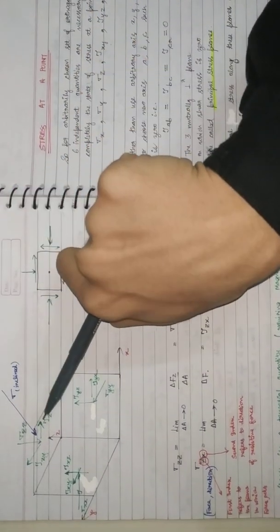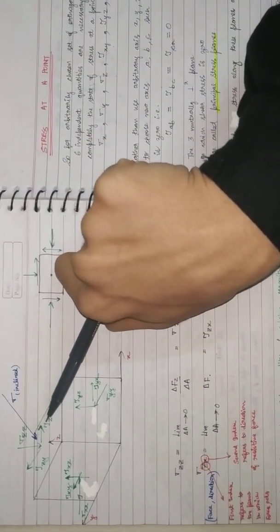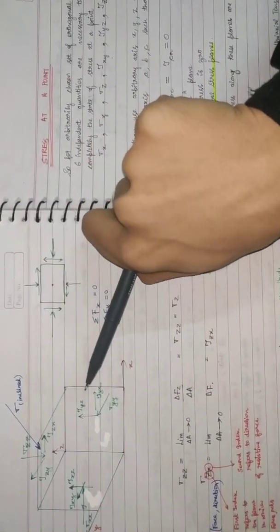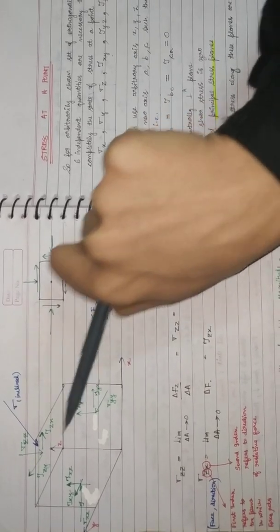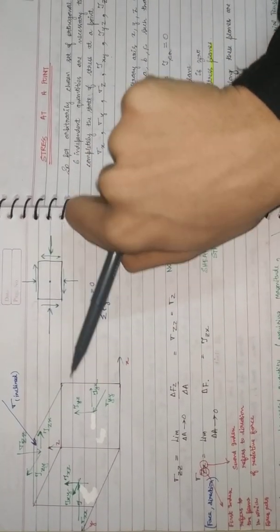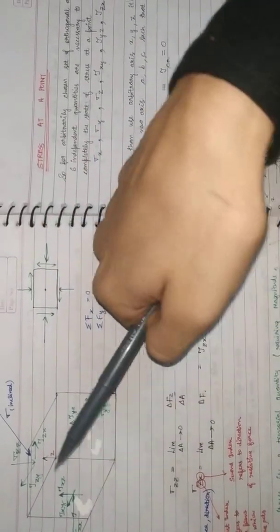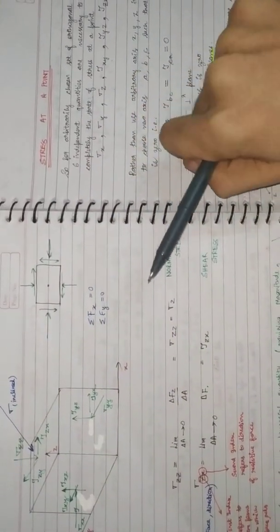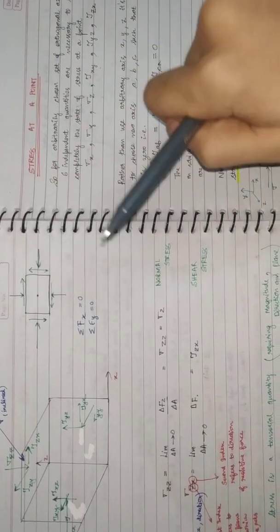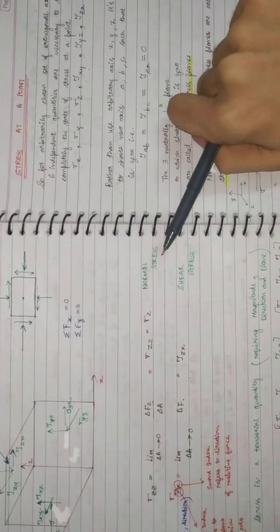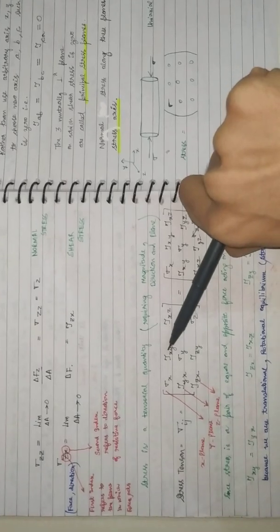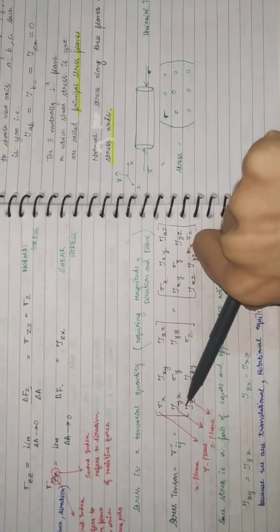That is, tau zx and tau yx must be equal and opposite, cancelling each other, else the body will start rotating and we won't be able to calculate the stress, because we are considering only static bodies, right? So tau xy has to be equal to tau yx.